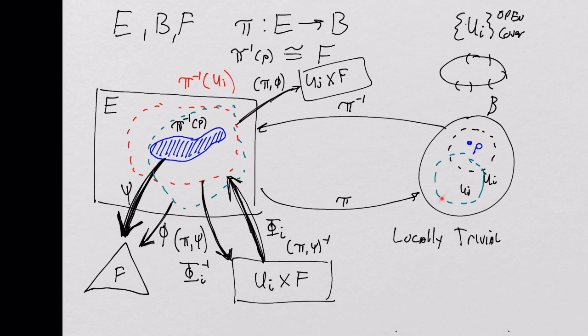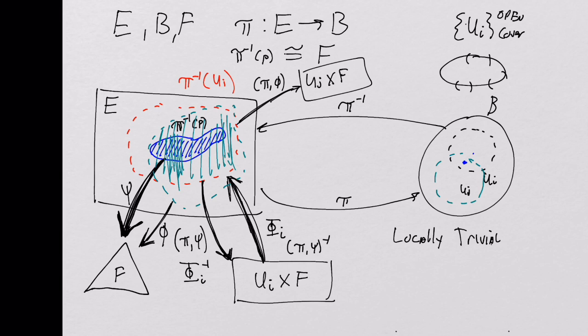And the problem is I can create a bundle chart for this guy and a bundle chart for this guy, and the two regions here are going to both be diffeomorphic to this trivialization of the underlying portion of the cover with the fiber. But this region in here where they overlap, this overlap region, which I'll mark in green, which in this case, the way I've drawn it over here, includes P, so let me just move P into the intersection like that.